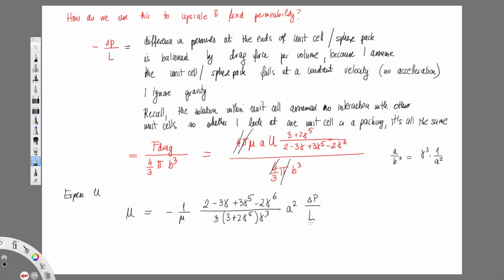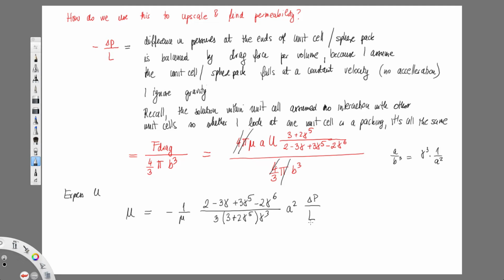Great. Now how do I recover permeability? I compare to Darcy's law. So I assume Darcy's law is valid and compare the two formulas, right? And I already kind of wrote it in that way.